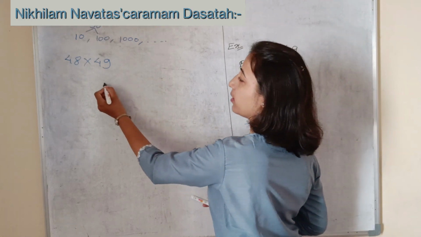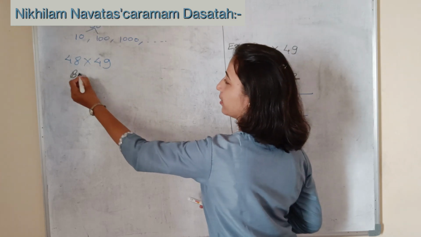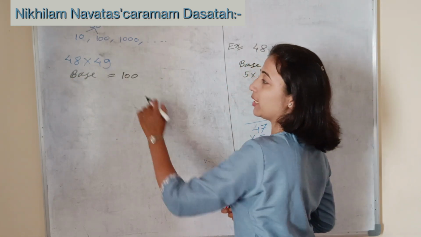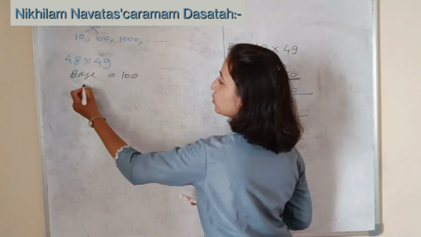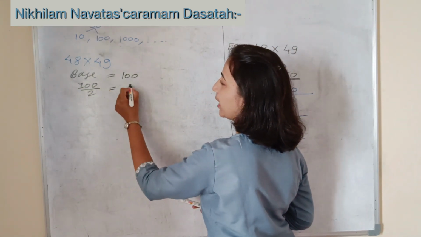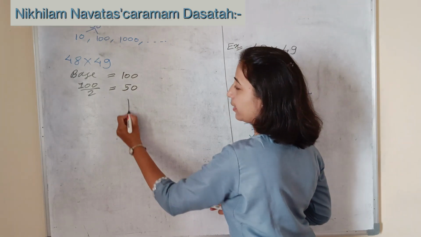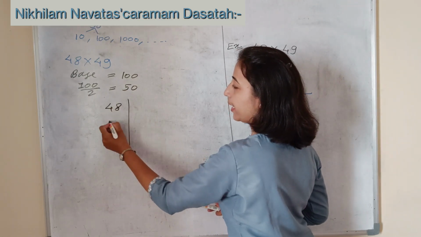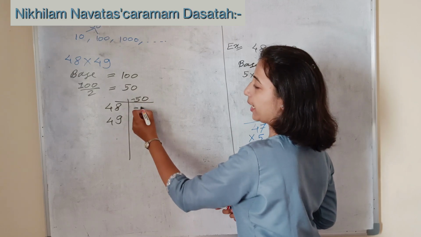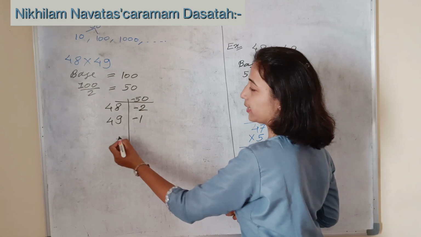So here we are taking the base number as 100, but both of these numbers are near to 50. So divide this 100 by 2, and you will get the answer 50. Here the first number is 48, the second is 49. Subtract 50 from 48 and 49, and it gives the answer -2 and -1.